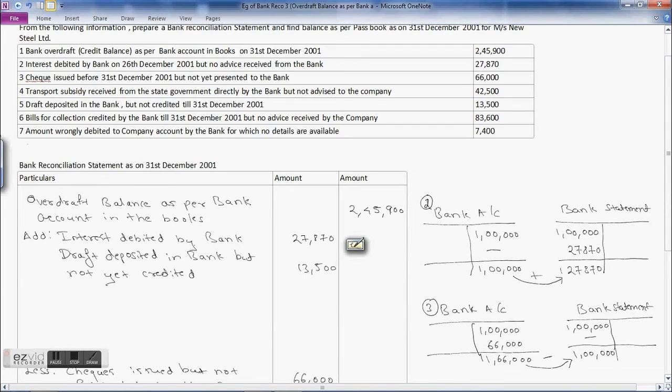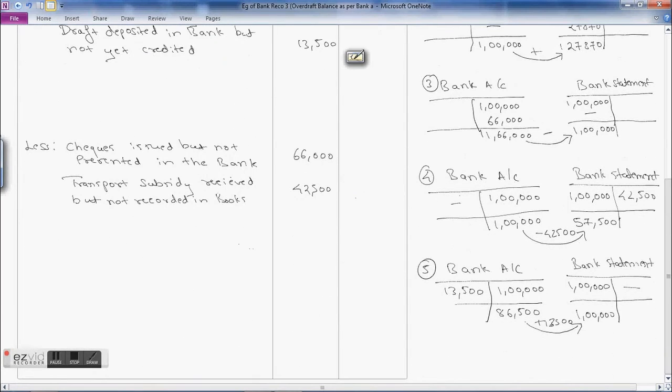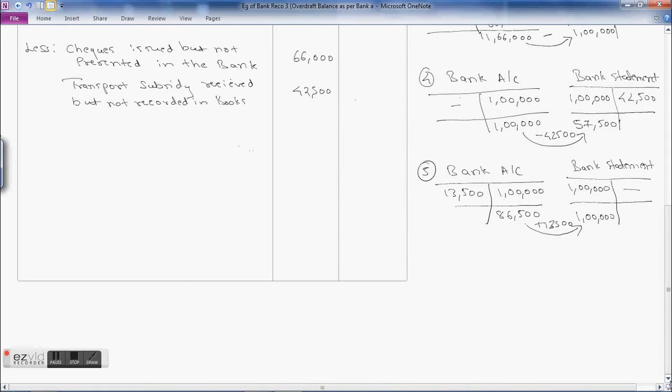So the bank has credited, that is, we have received that amount in our bank account, but since no advice has been received, there is no entry in the books of account. Okay, so we'll do a working for that. Bank account, bank statement.